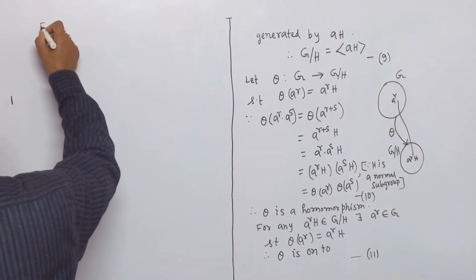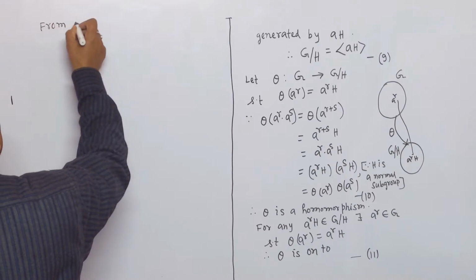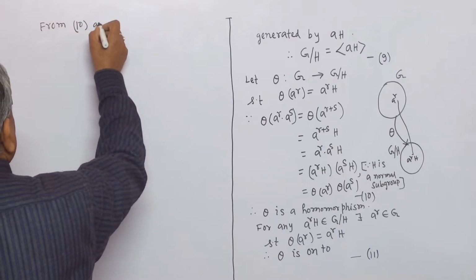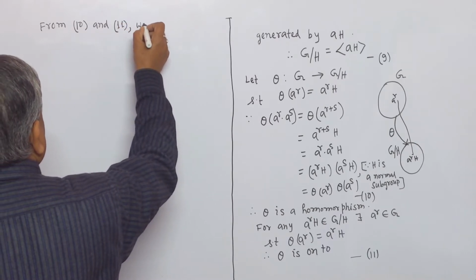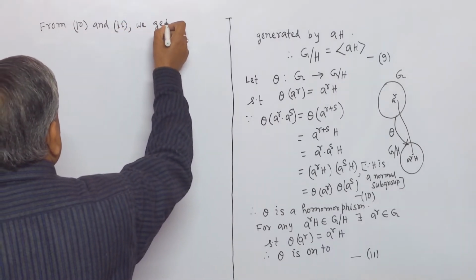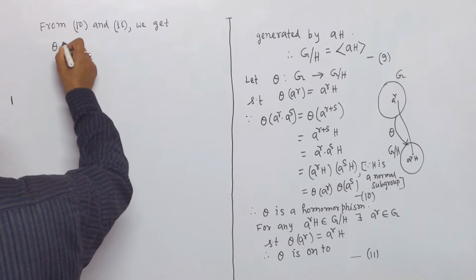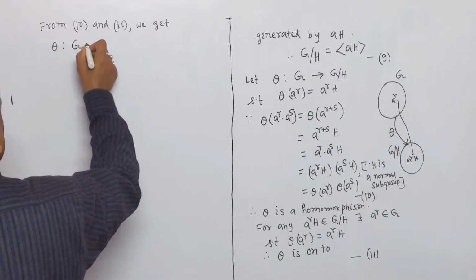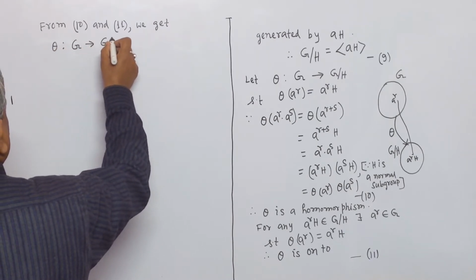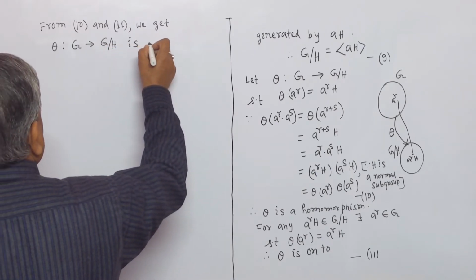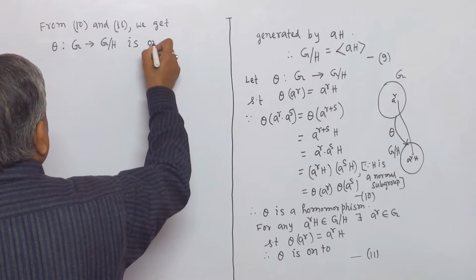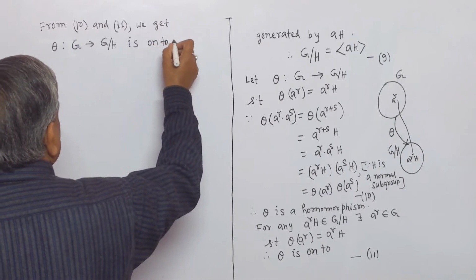From 10 and 11, we get theta defined on G into G by H is onto homomorphism.